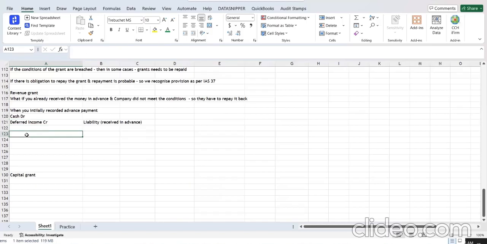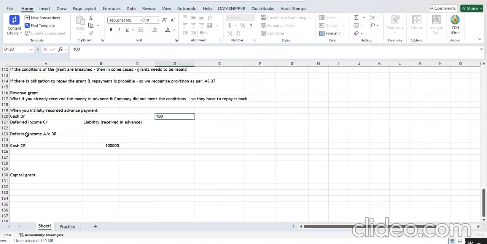So if you have a deferred income account, first debit it and credit cash. For example, you have to repay $1 lakh to the government. The government paid you $1 lakh, you breached the conditions or you received the money in advance and did not fulfill the conditions, so you are refunding it back to the government. So you already have 100,000 sitting in the deferred income account.